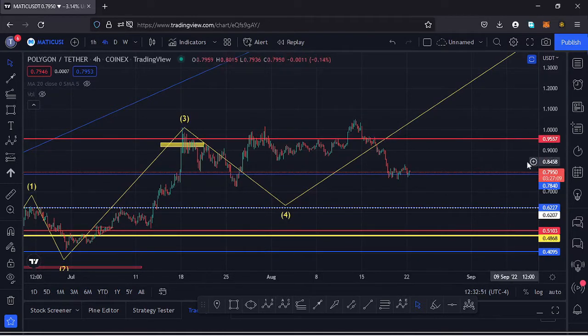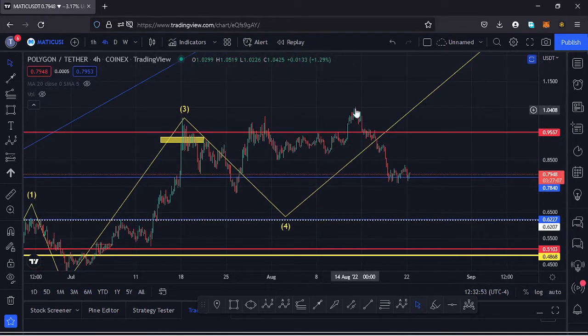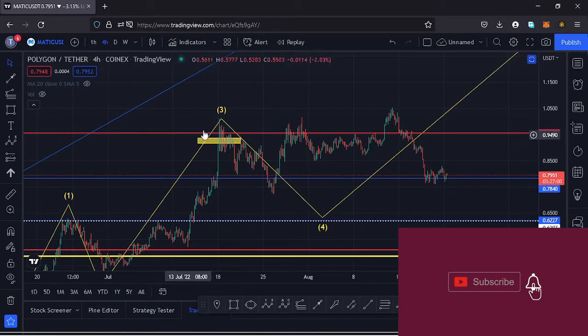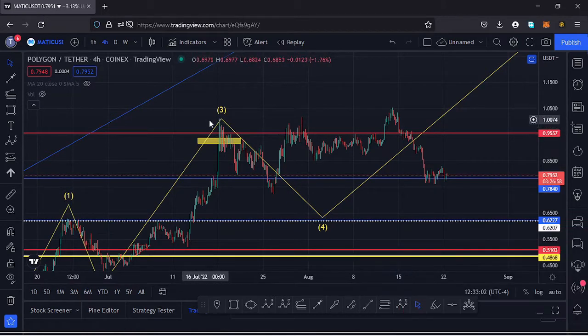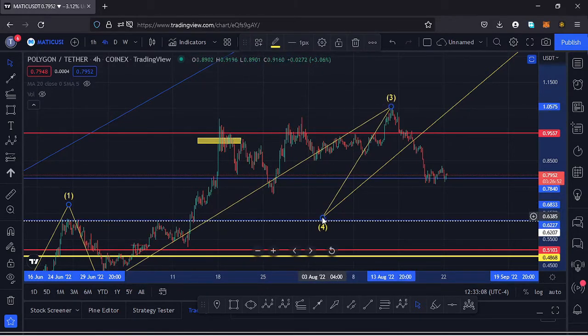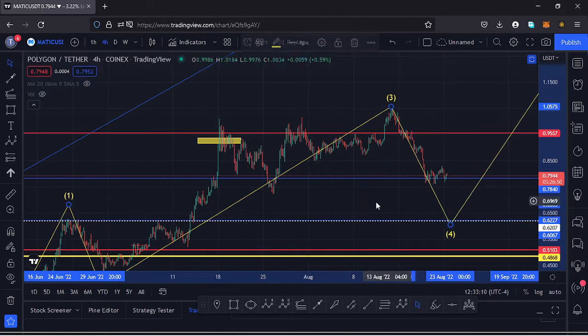We continued pushing higher and made a high at around the $1.06 mark. Having done so, that invalidated my Elliott wave structure here for that third wave to the upside, and I have my new high, which is right here at around the $1.06 mark, as the new high for that third wave to the upside.